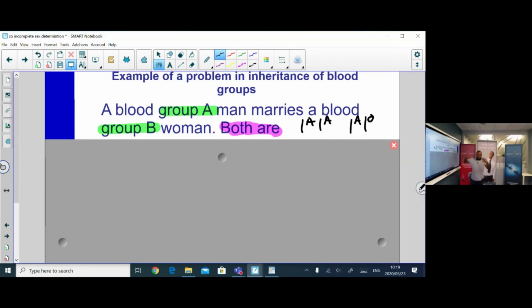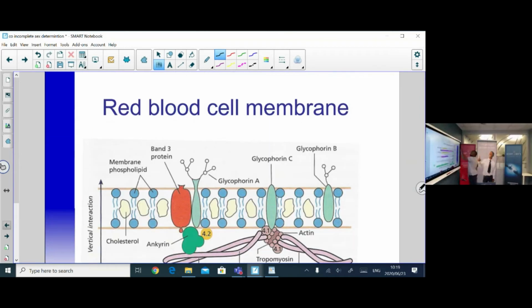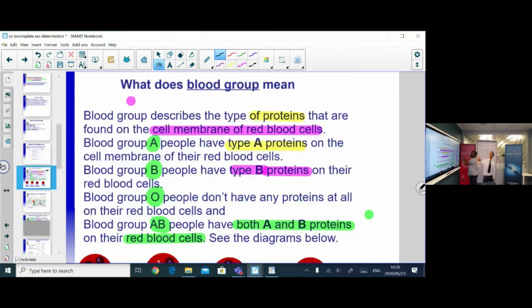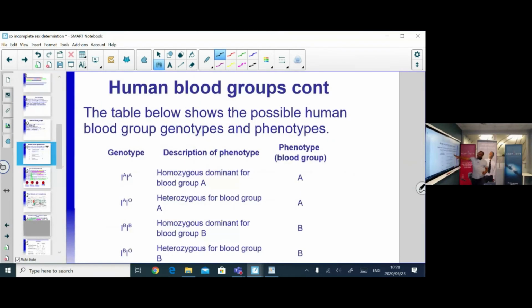Why I'm saying so: some questions, you meet them, they don't describe for you the phenotype of the blood group. They don't give you this explanation.